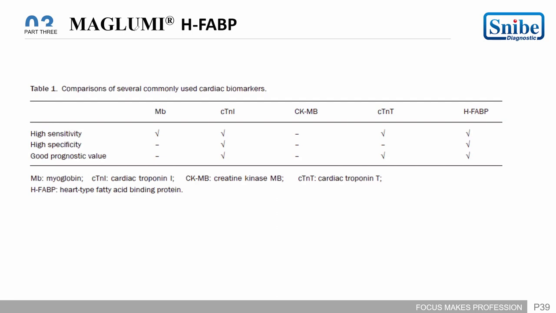If the first baseline sample and the second sample after 2 or 3 hours show a value increase of 10-fold, it should be considered a myocardial infarction. And if there are no symptoms of chest pain or myocardial infarction and the person is healthy, they want to use the value for risk stratification, and I will share that in the next few slides.